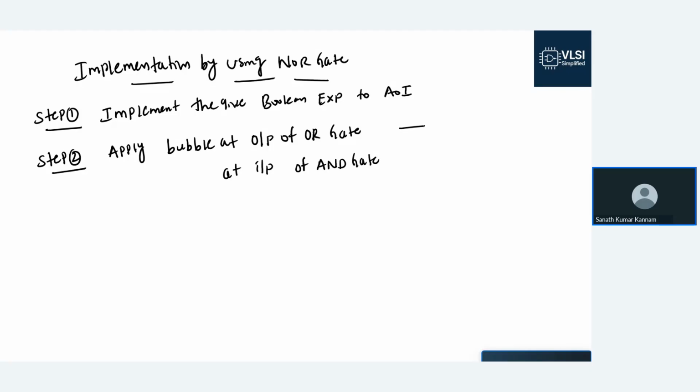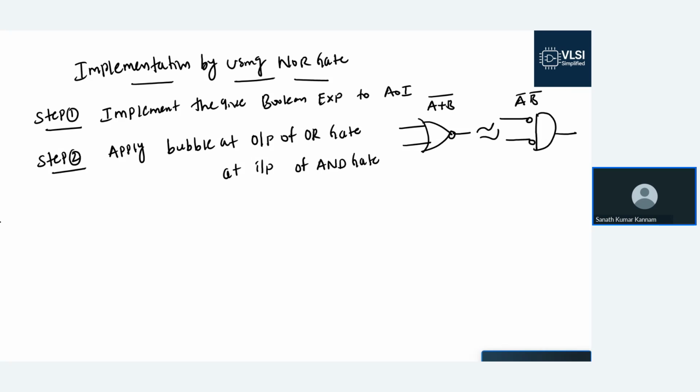We know that NOR gate is equivalent to bubbled AND. On the De Morgan's law, you got, no? So that is (A or B) whole bar equal to what? A bar and B bar.